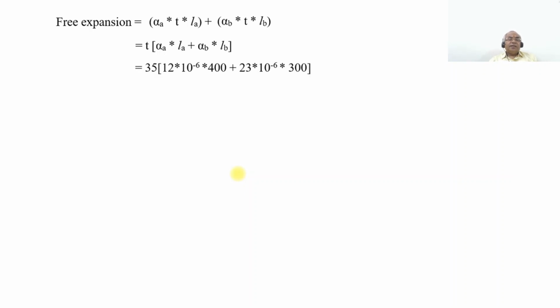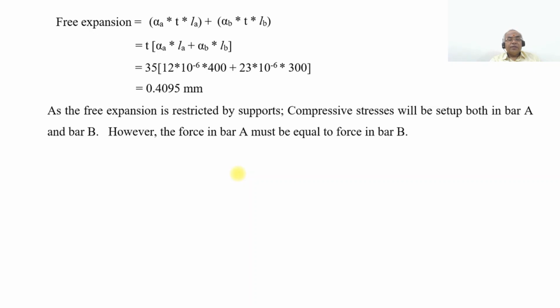The temperature rise is 35, so 35 into 12 into 10 to the power of minus 6 into 400 plus 23 into 10 to the power of minus 6 into 300. On simplification, you get the free expansion as 0.4095 mm.